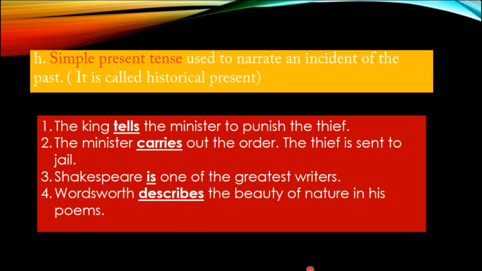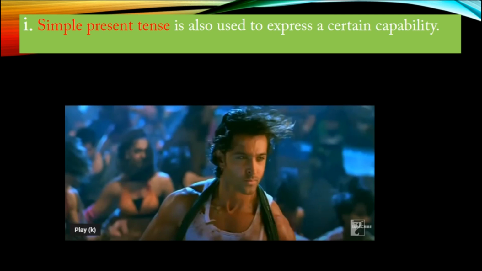Let us check one more usage. Simple present tense is also used to express a certain capability. Children, do you recognize him? Who is he? Yes, I know you know him very well. He is Hrithik Roshan. Let me give one beautiful example on him. Capability. Before giving the example, I want to say something. Each and every person has his own ability or capability. Somebody dances well. Somebody sings well. Somebody draws well.